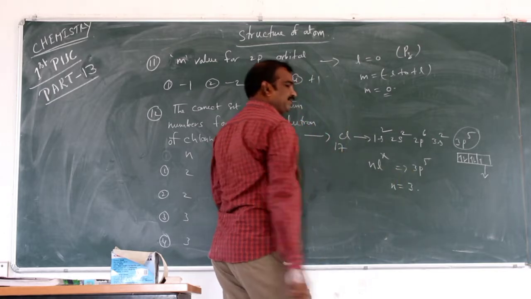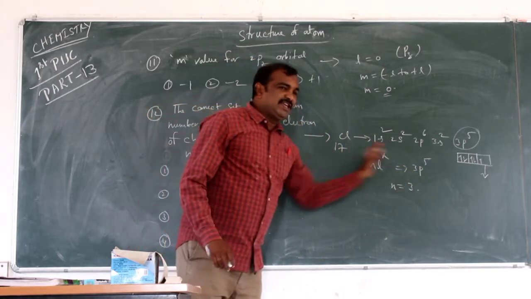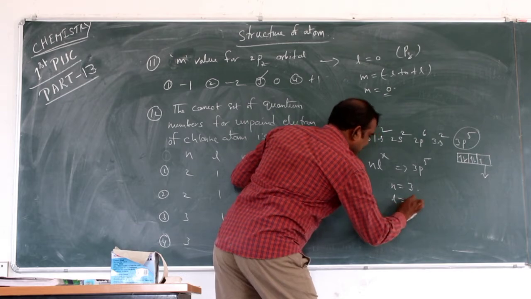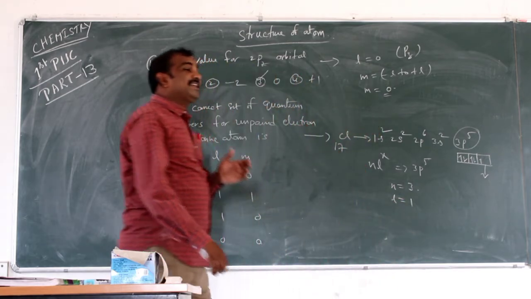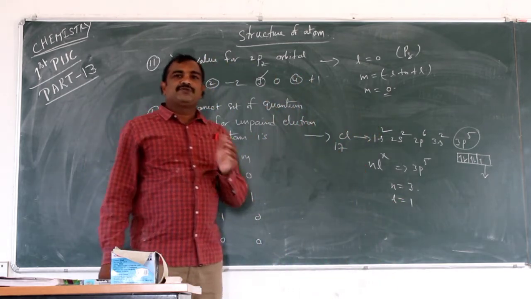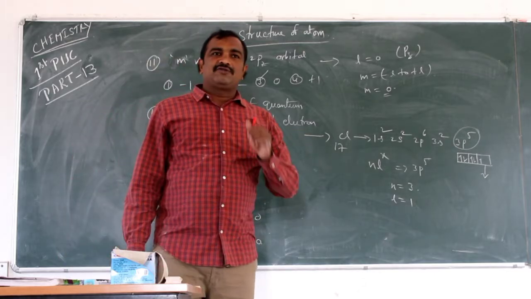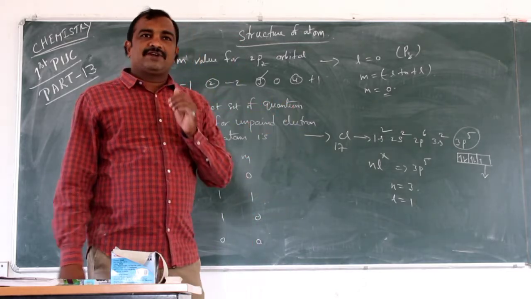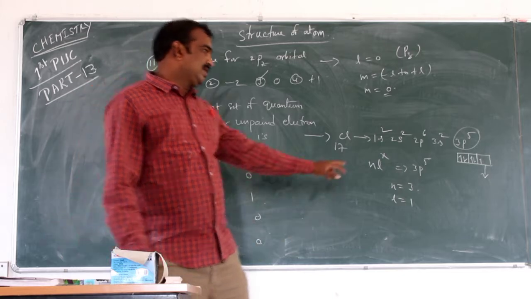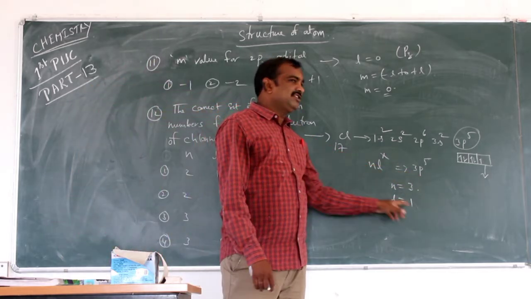It is p, so what is the l value? l is equal to 1. For s, l is equal to 0; for p, l is equal to 1; for d, l is equal to 2; and for f, l is equal to 3. Here it is p, so the l value is 1.